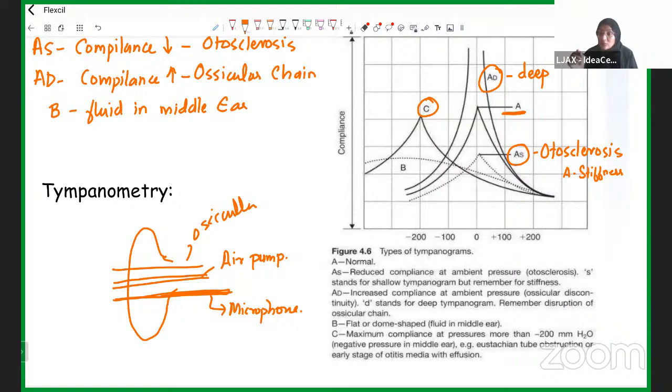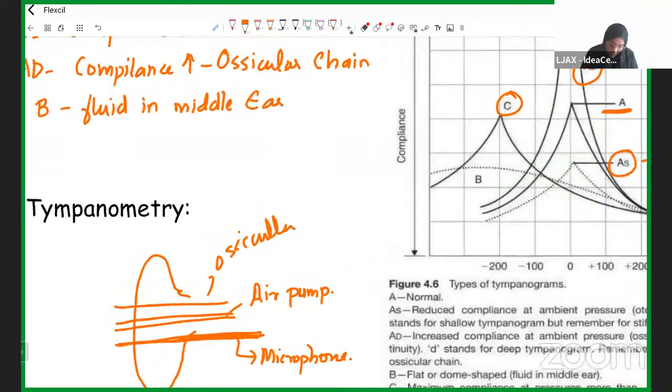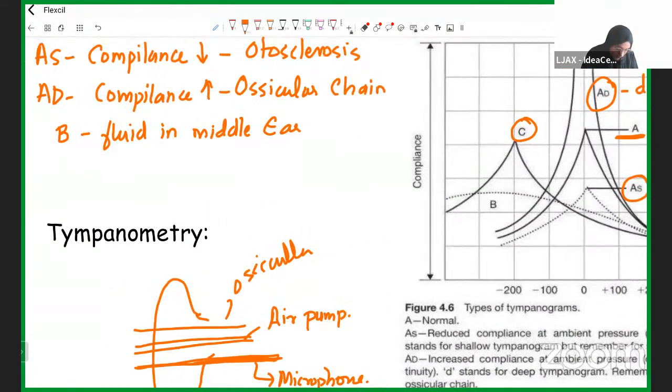This is a sign that the eustachian tube is either obstructed or it is a case of otitis media. It means there is some obstruction going on in the eustachian tube. So C means obstruction, where the compliance is maximum.